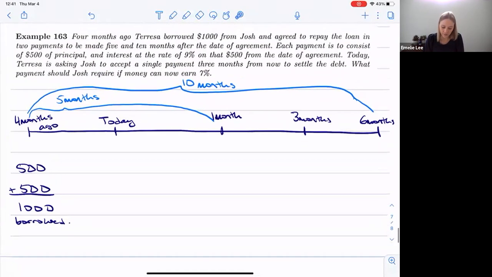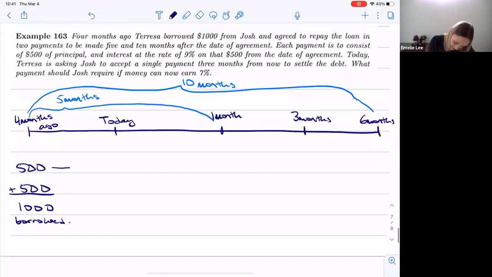But so now, Teresa was supposed to make her first payment at the 1 month from today mark, right? And then a second payment 6 months from today. So what that looks like is, she has to pay this $500 plus interest.